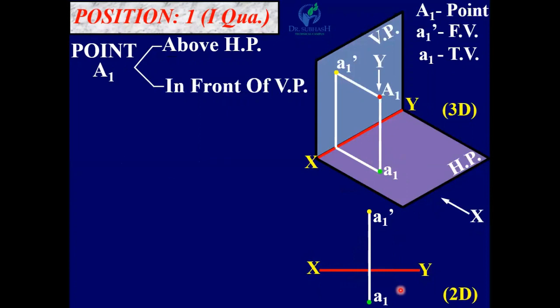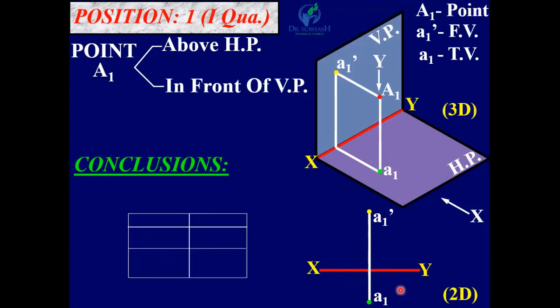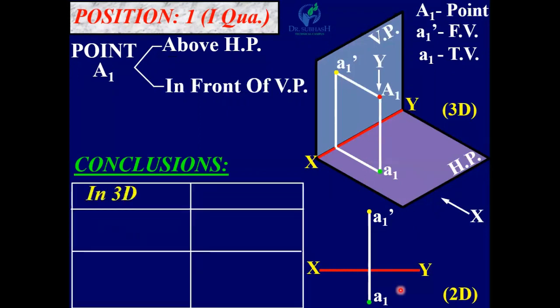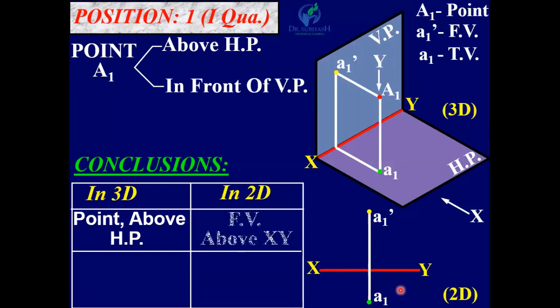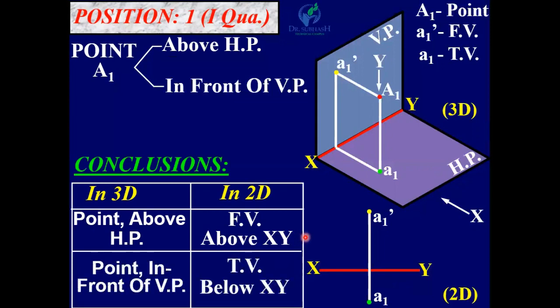So the conclusion: if the point is in quadrant 1, you have to remember that in 3D, the point is above HP, so the front view is above XY. The point is in front of VP, so the top view is below XY. So if the point is in the first quadrant, the front view is above the XY line and the top view is below the XY line.